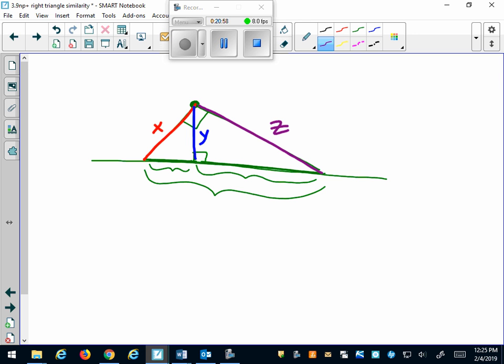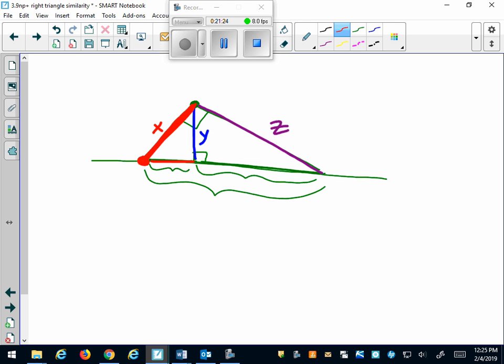Okay, when this one shoots down, this one that I called X, it hits this point right here. That's an end point. What two segments of that bottom also share that as an endpoint?